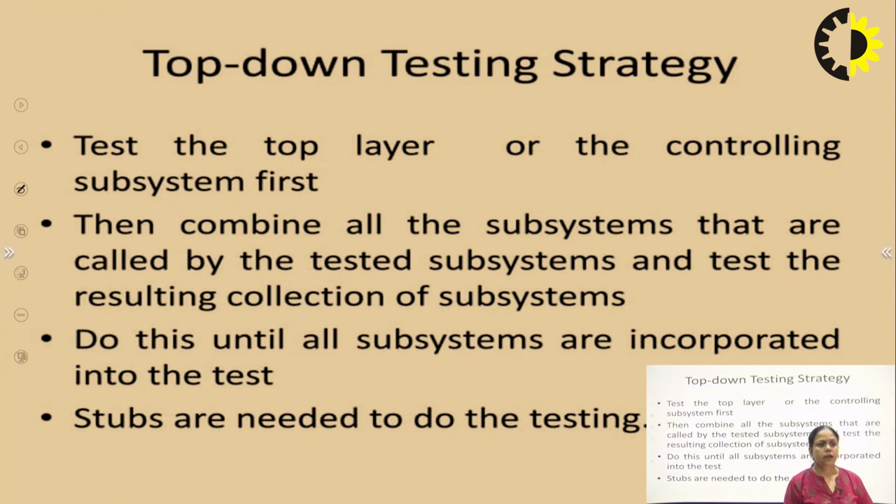Top-down testing strategy. Test the top or controlling subsystem first, then combine all the subsystems that are covered by the tested subsystem. In this case, we will start from the top module and then go to the next modules.